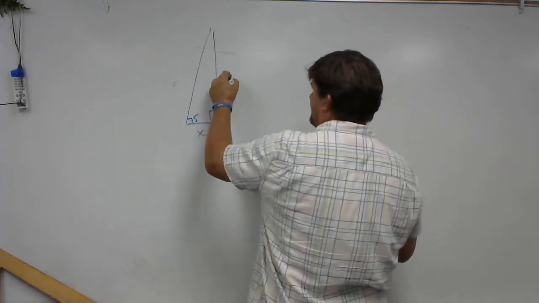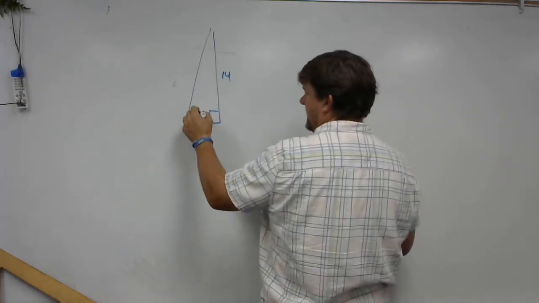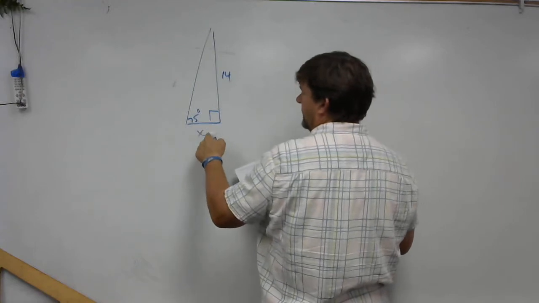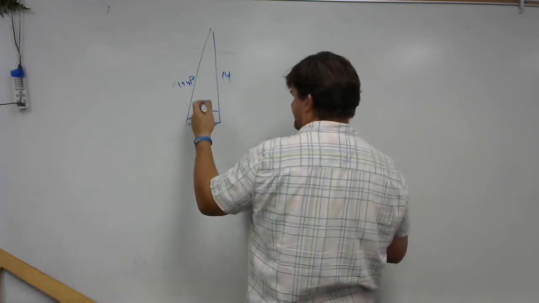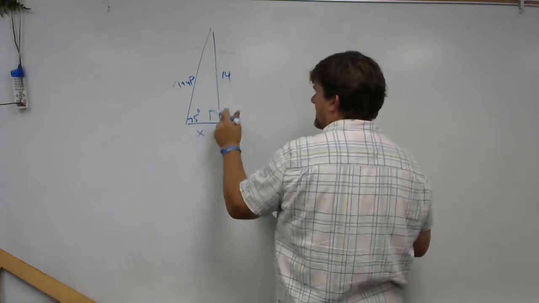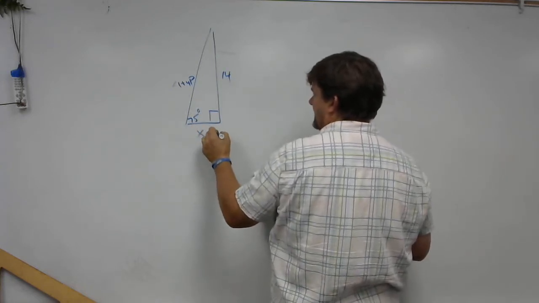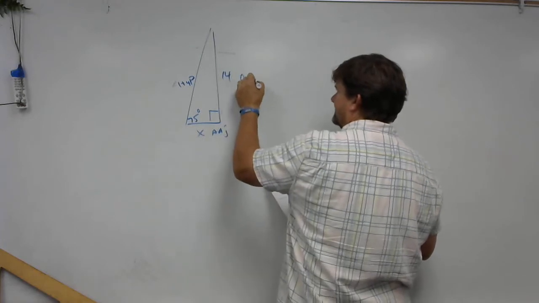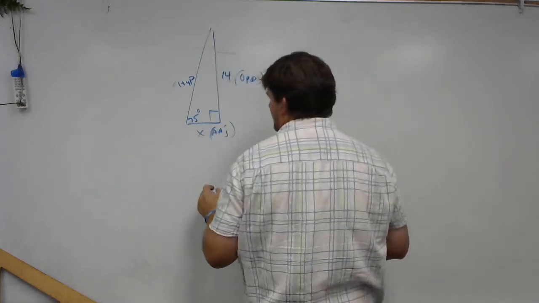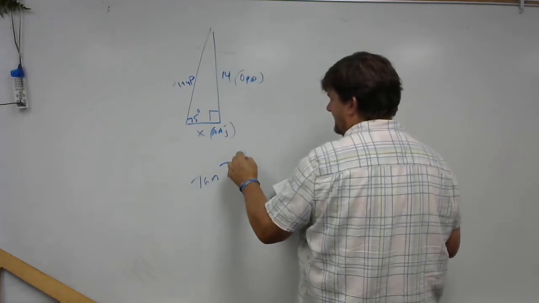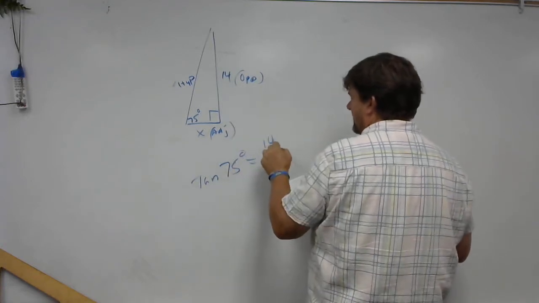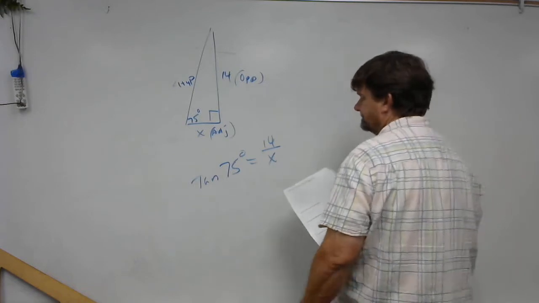75, and that's 14. This is our angle here. So my hypotenuse is here. They don't give us hypotenuse again. They give us the tangent because this is going to be the adjacent. This will be the opposite, so I was mistaken. It is not that piece. So we got the tangent of 75 degrees equals the opposite over the adjacent.